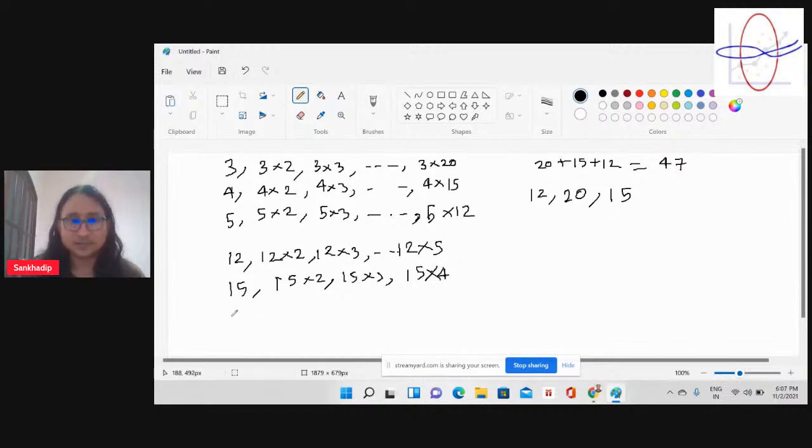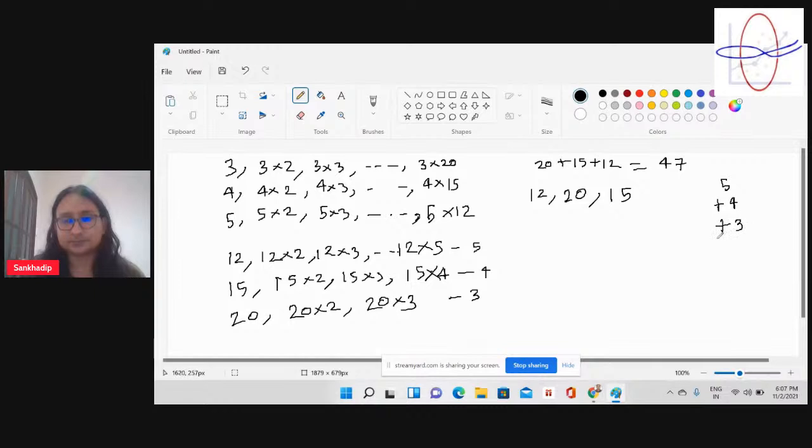And 20, 20 times 2, 20 times 3. Now, how many numbers are there? 5. Here there are 4. Here there are 3. That's 12. Now we have to subtract these numbers because these are the numbers that have been counted twice.